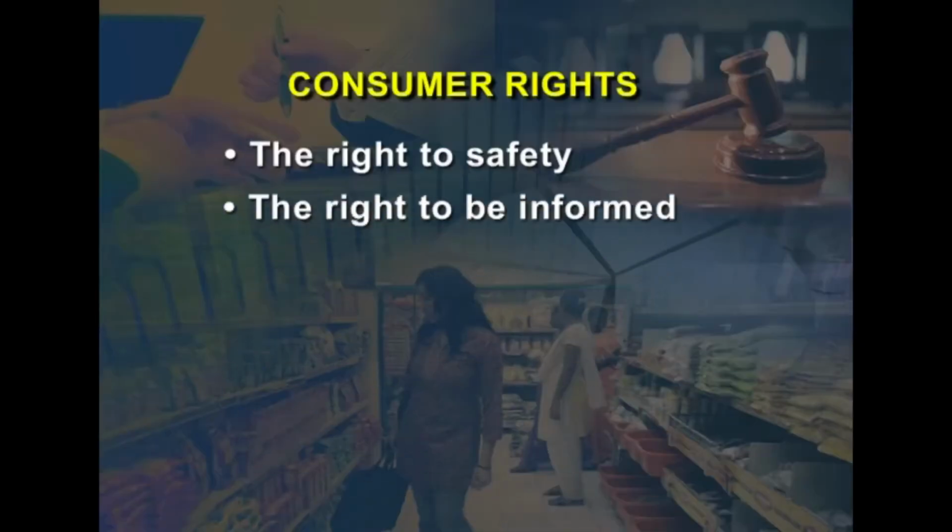The right to be informed. Consumers have all the right to be informed about the quantity, quality, the purity, the date of assurance, the date of manufacturing and also the date of expiry of the products that they are purchasing. All this information has to be given to the consumer by the manufacturers and also the dealers.